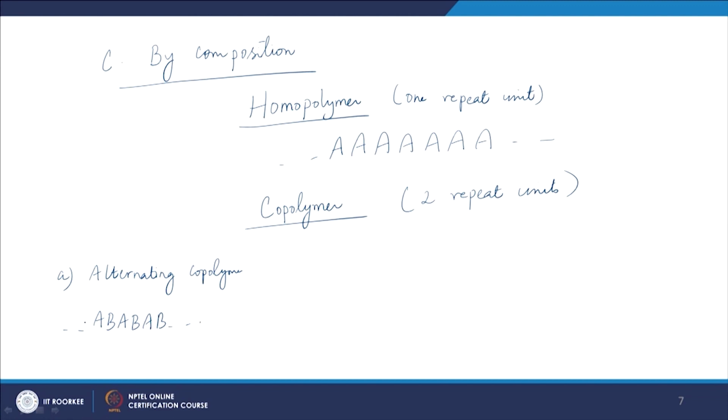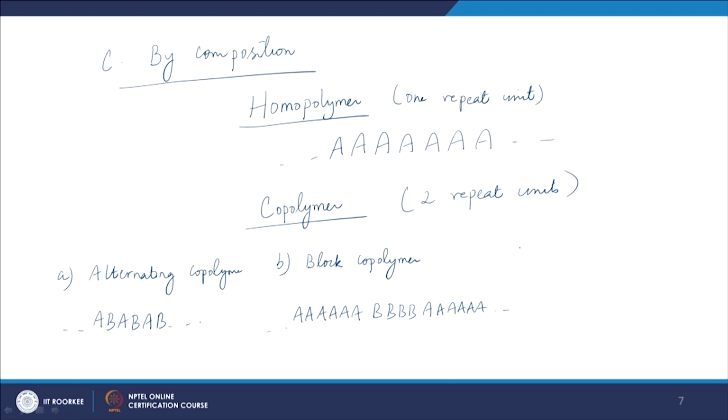It can be, for example, what is known as a block copolymer. So, now you have a certain number of A's followed by a certain number of B's, again a certain number of A's and so on.